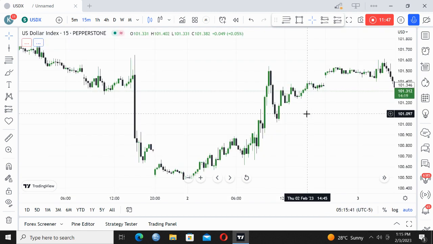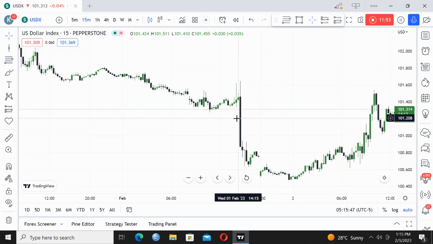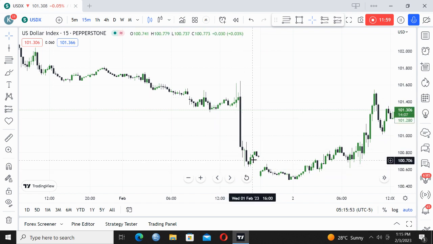Let's check the dollar index. This is FOMC news here. It left a gap.